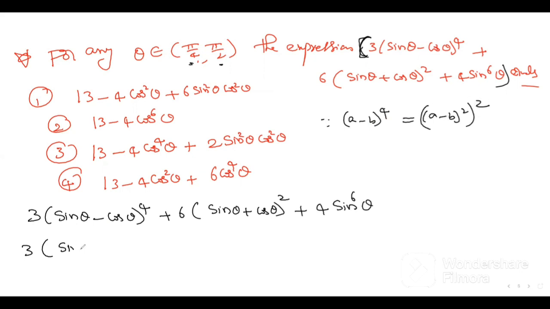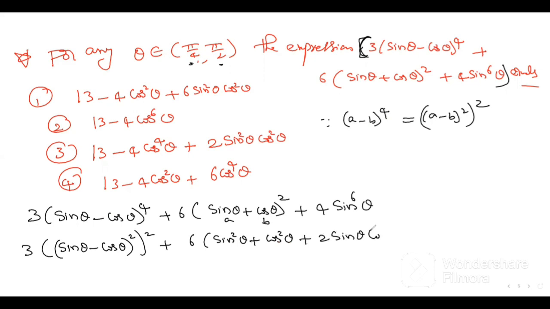So 3 times ((sin theta minus cos theta) whole square) to the power 2. For 6 times, we apply the (a plus b) whole square formula: a square sin square theta, b square cos square theta, plus 2ab, 2 sin theta cos theta, plus 4 sin to the power 6 theta.